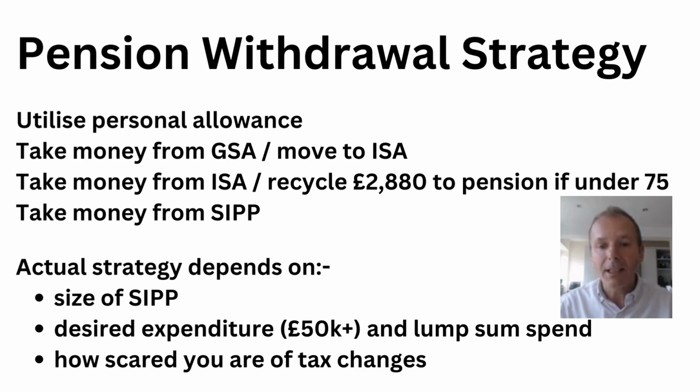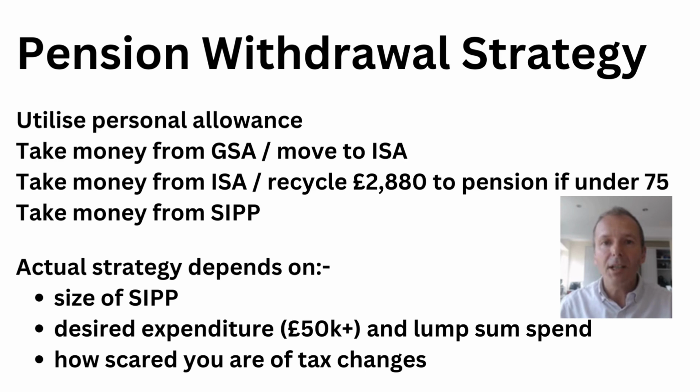And then lastly, take money from your SIPP because the SIPP has part of it that is tax-free. We want that to grow as much as possible, and the SIPP is not subject to inheritance tax, whereas an ISA is. But then your actual strategy would depend on things like the size of your SIPP, and if it's very large, you might do some different things.